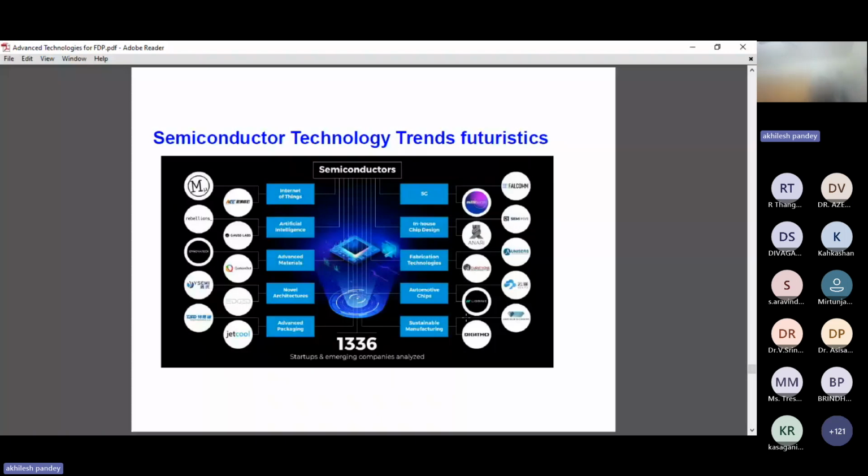Basically the things are internet of things, artificial intelligence, advanced materials, novel architecture, novel architecture with advanced packaging, 5G technology, in-house chip design, fabrication technologies, automotive chips, and sustainable manufacturing. And in these 10 semiconductor technologies, there are several startups emerging and companies working. 1336 companies have been working in this technology for futuristic trends.